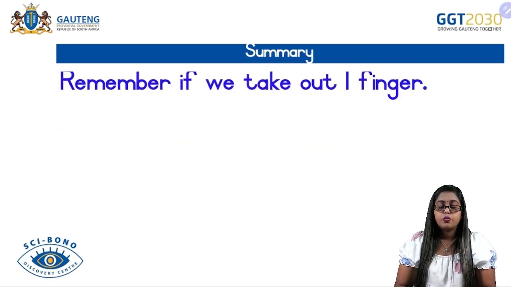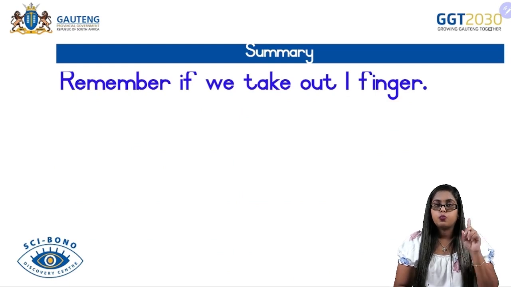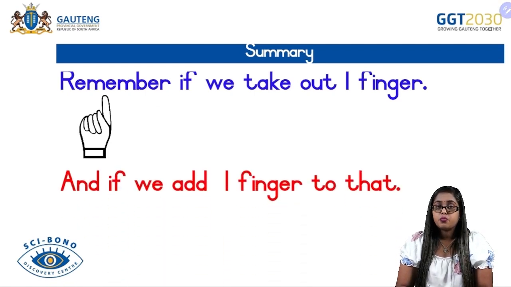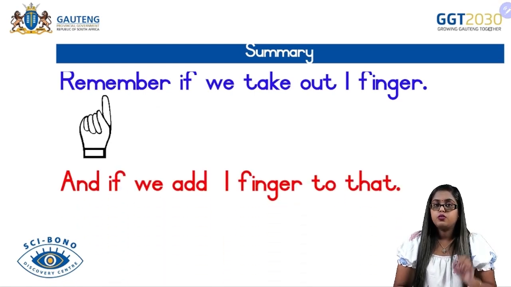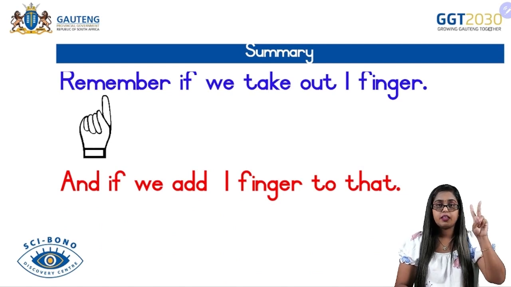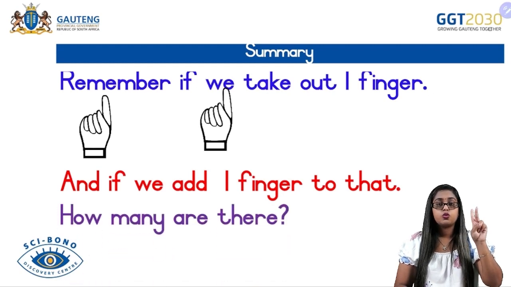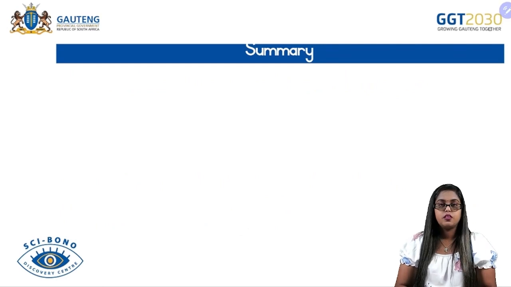So, remember, if we take out one finger, everyone hold up your one finger, and then if we add one more finger to that, so we have one, we're adding another. How many do we have altogether if you count them? 1 and 2. So how many are there? There are now 2 fingers.